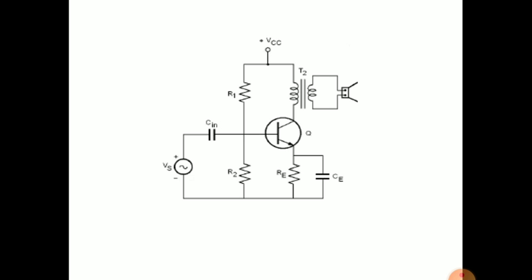So that's why the impedance matching happens, because the high output impedance of the amplifier circuit is matched to the low input impedance of the loudspeaker.